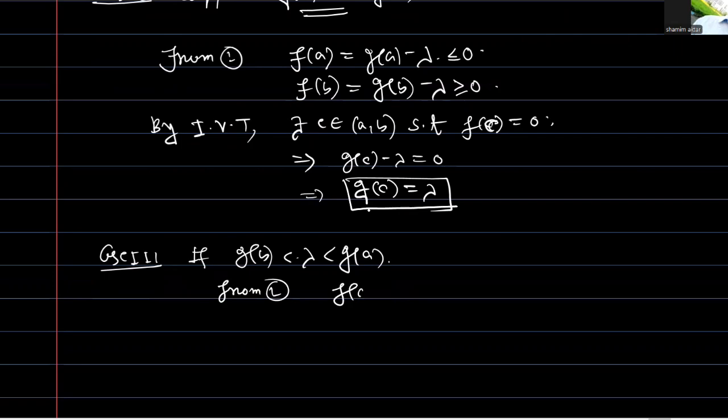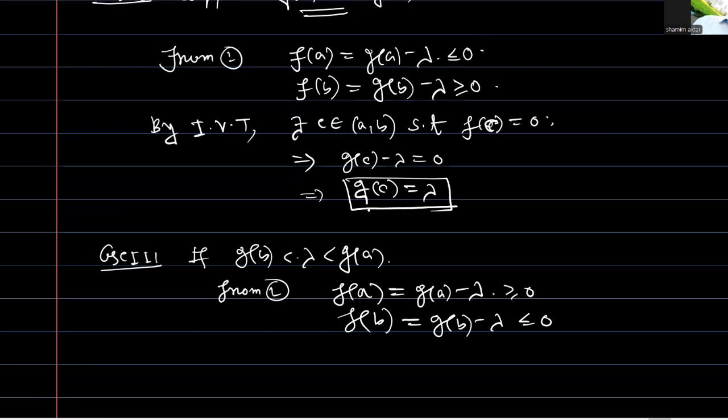the value of f of a is equal to g of a minus lambda. So this is greater than or equal to 0 because g of a is greater than lambda. Okay, and f of b is equal to g of b minus lambda, which is less than or equal to 0 because g of b is less than lambda from here.